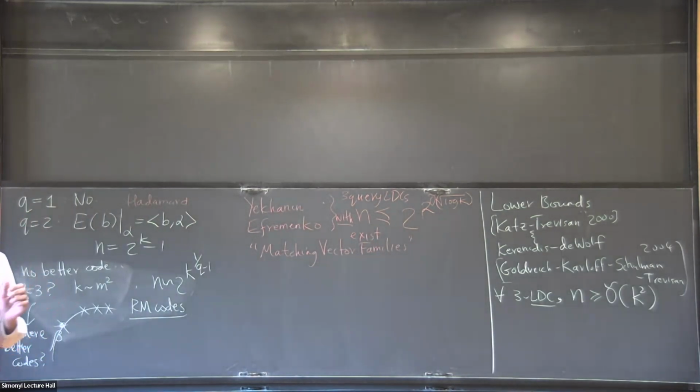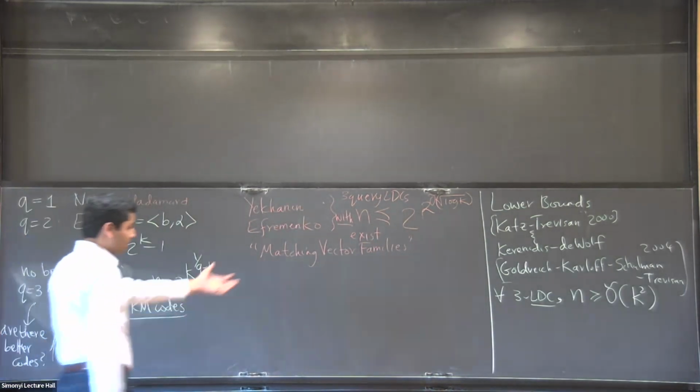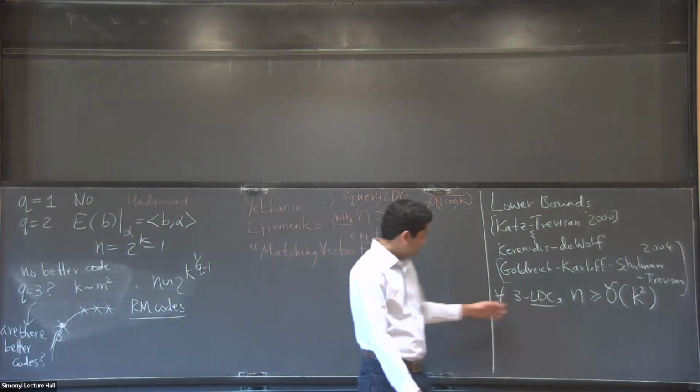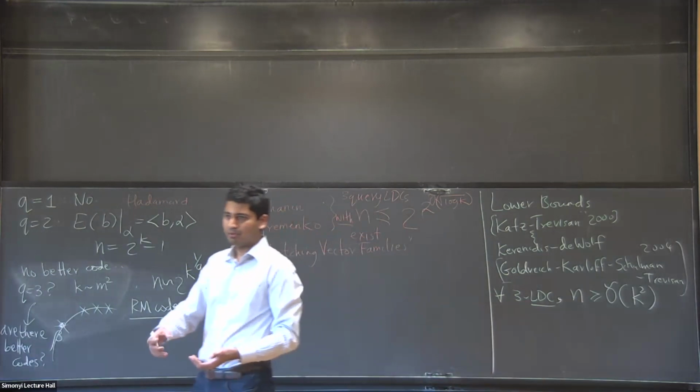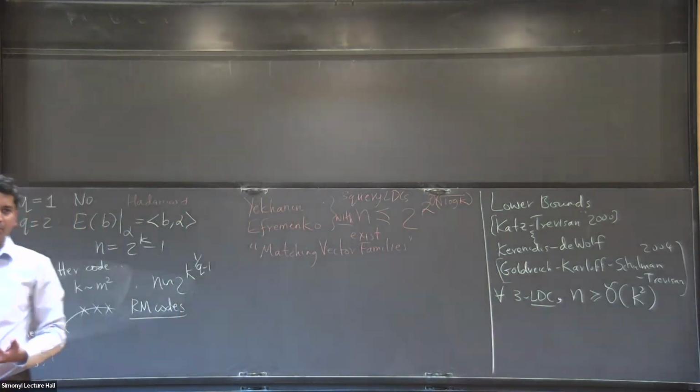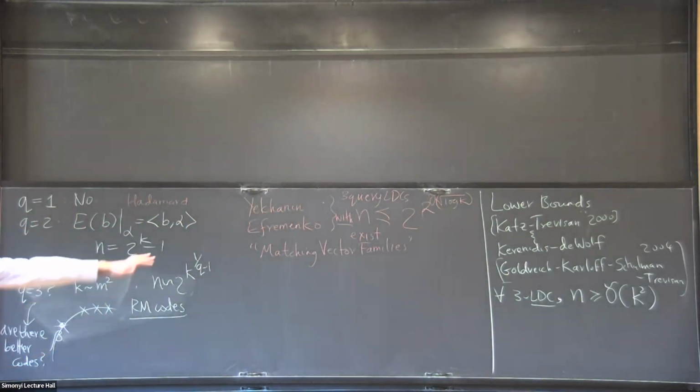I'm going to come to what we were able to do last year, but this is what we knew. There is a gradation of results like this. For every q, there is some lower bound we can prove, where the exponent is some function of q, but it's all polynomial and only worse than quadratic.